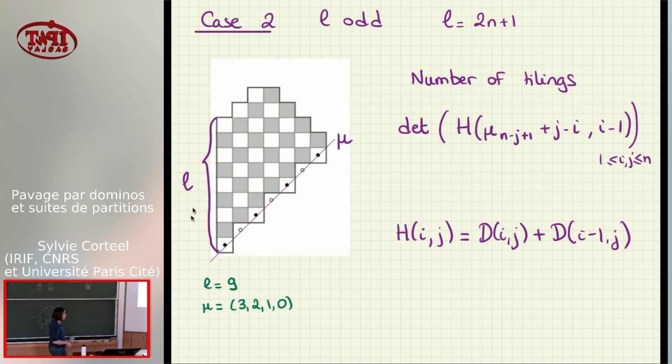So I have a way to make this generalized Aztec diamond shape. And now for this case where L is odd, the number of tilings is just now, I guess I wrote H here, where the H are a sum of two Delannoy numbers.